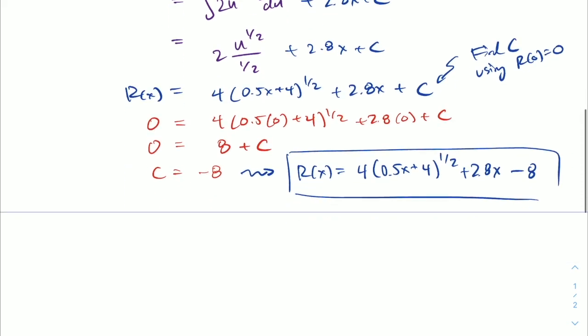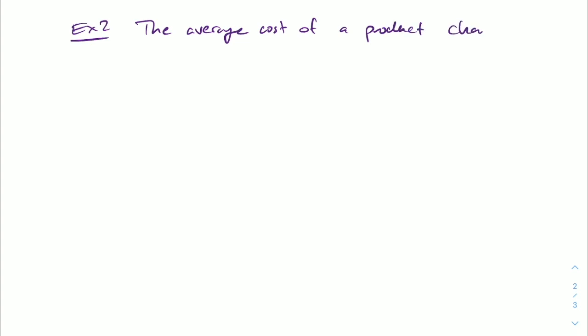Let's do another example. In this example, we're given the average cost rate of change. The average cost of a product changes at the rate c bar prime is negative 6 over x squared plus 1 over 6.